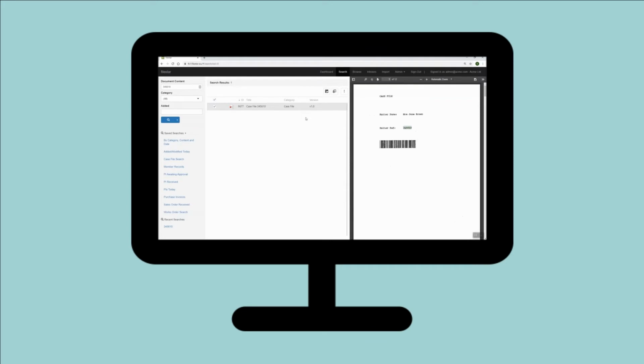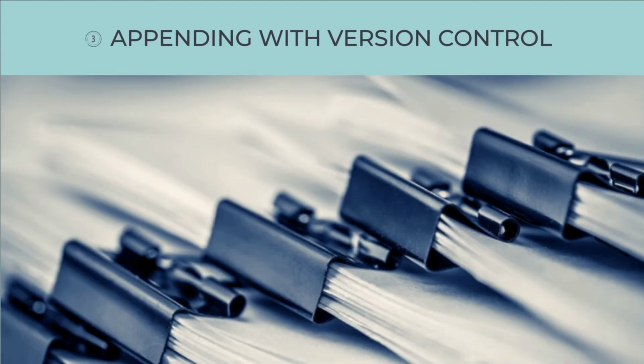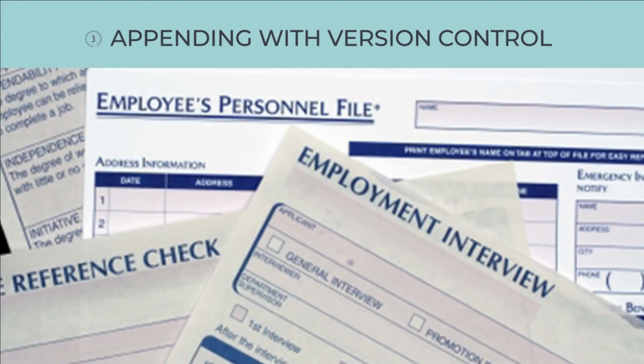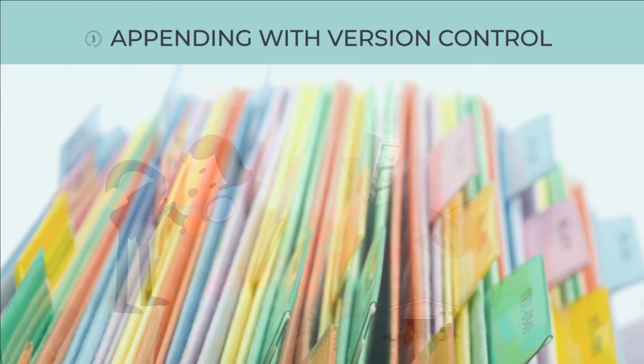Also note, the document version is 1. More on this later. Quite often in a business, the requirement to add more pages to an existing document is needed, especially when storing case files or HR documents. In hard copy, this can mean searching for the file, which can be a problem at the outset. Where's the file? Filing cabinet, storage box, offsite storage. Let's just say you've found it.